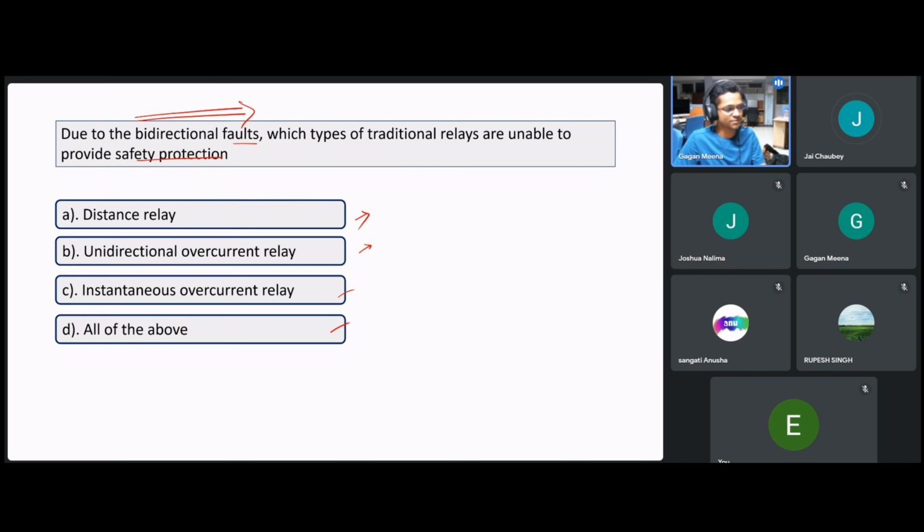And in distribution systems mostly we are using overcurrent relays, and that too these are unidirectional. As the penetration of DER increases, the bidirectional currents will increase and we will have to go to directional overcurrent.